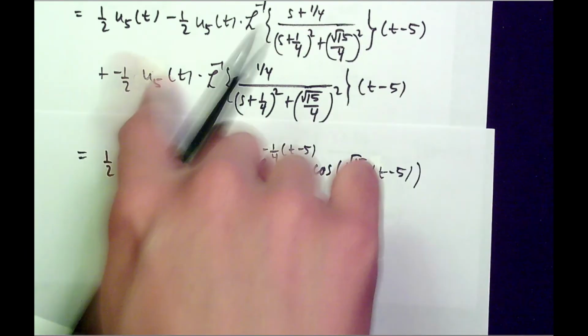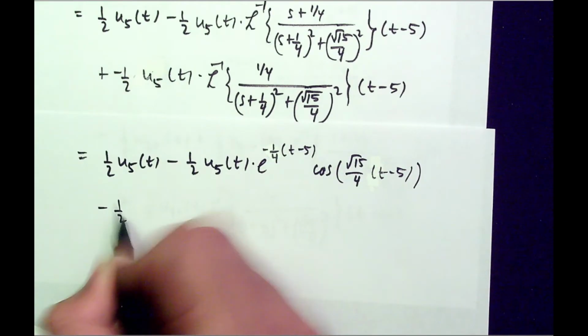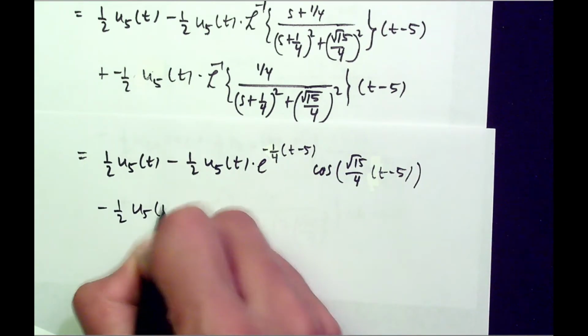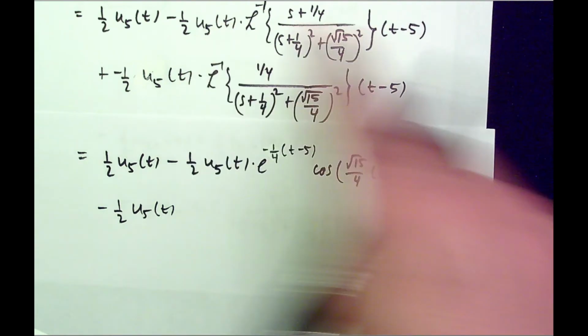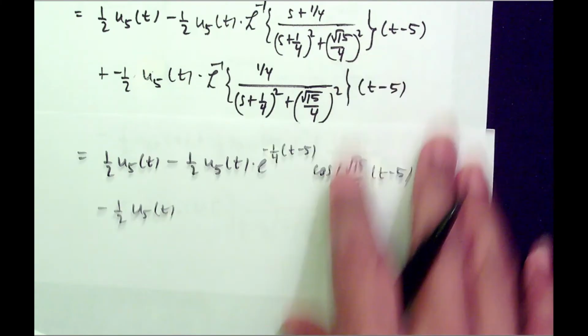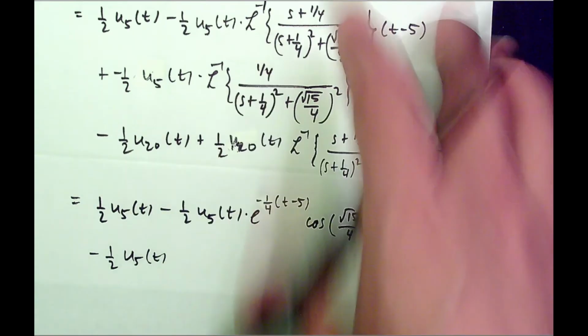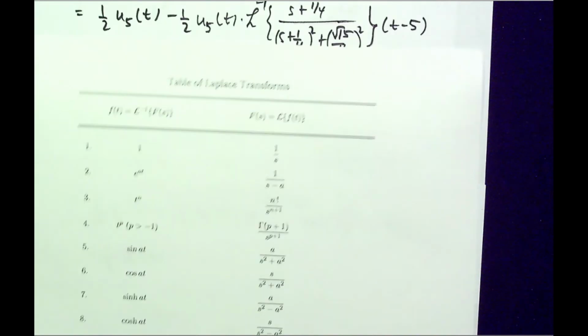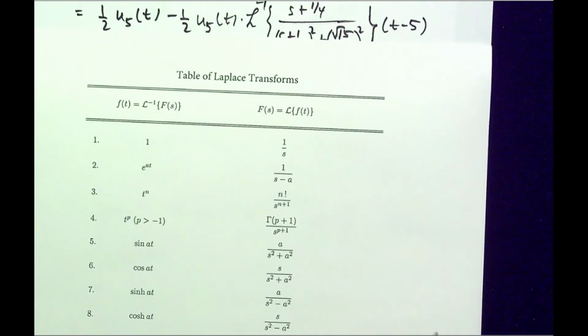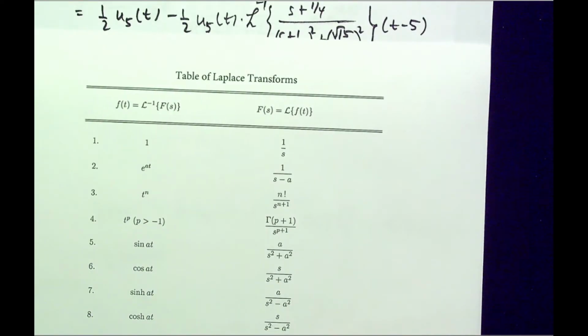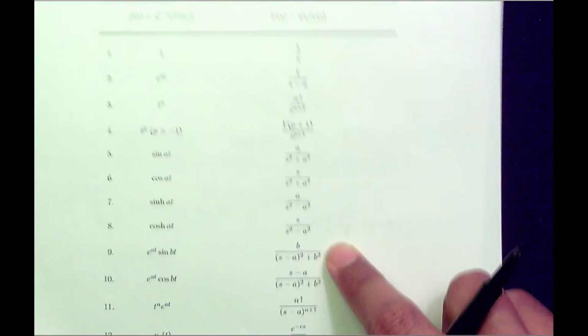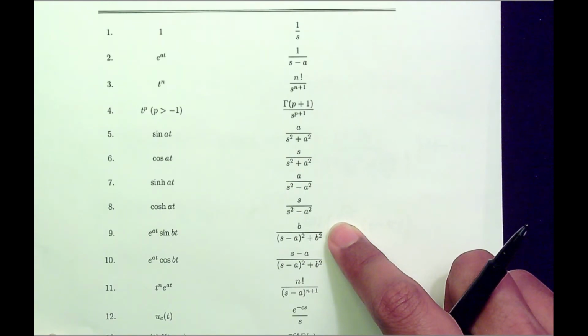Now this one, I mean, that's done. We don't have to do anything to that one. Oh no, that's not done. Now we look this one up. This one is that one. You see what happened there?